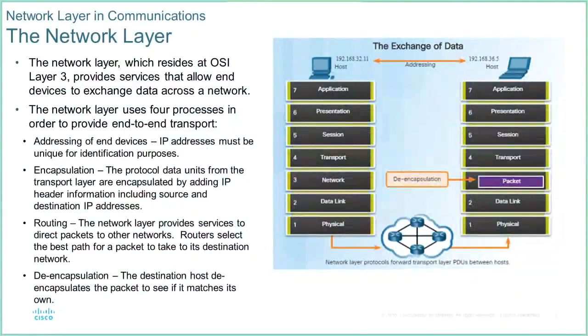It is responsible for encapsulating the data that comes into the network layer. It is then called a packet after it has the addressing added, which is the IP address, and our intermediate devices will do routing based on this information, and at the final destination it is then responsible for the de-encapsulation of that packet.